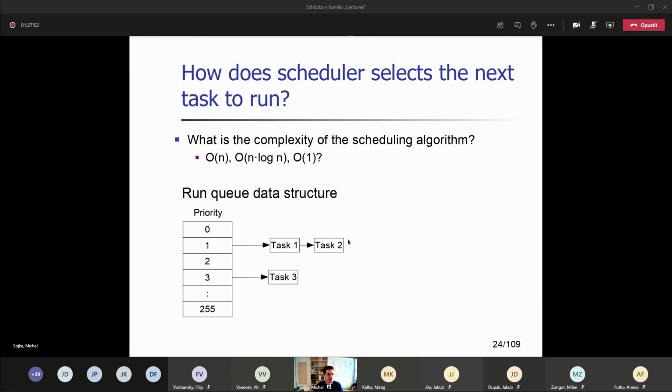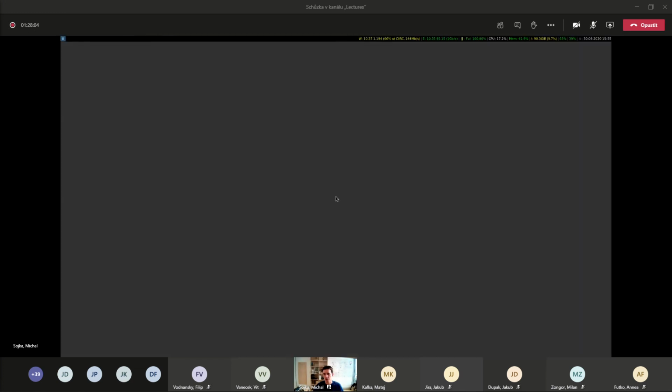So if there are multiple tasks of the same priority, sched_yield just gives the CPU to other tasks of the same priority. If there are no other tasks, sched_yield just does nothing.